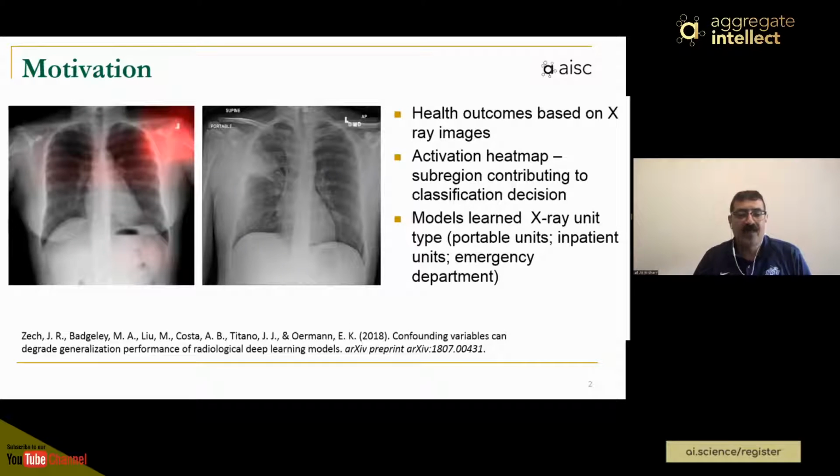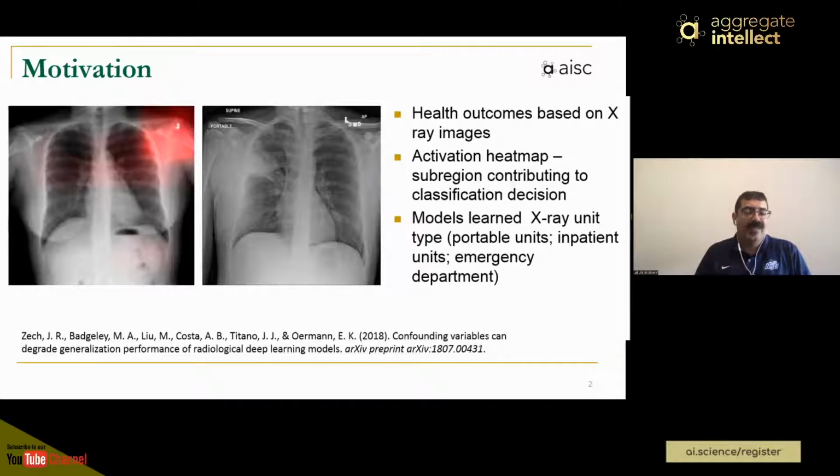Portable machines identified patients that were not mobile and had to have the X-ray come to them. There was another type of X-ray machine which identified which patients walked into an emergency room, and then there were inpatient units that people were scheduled to come in and get these X-ray images.